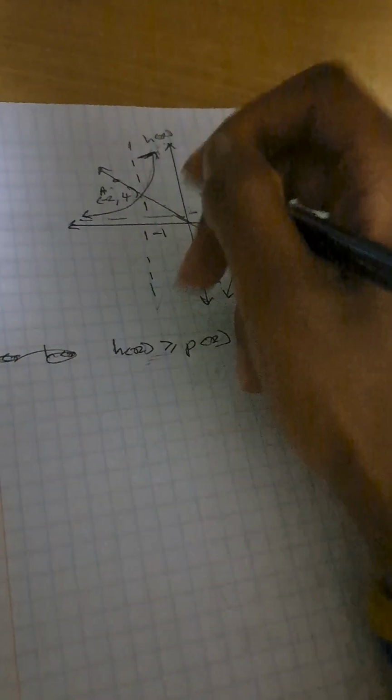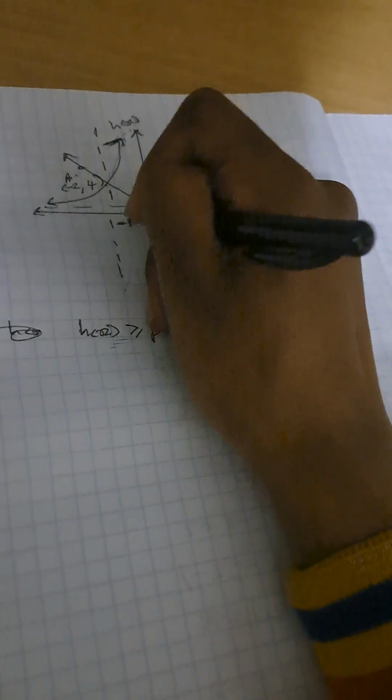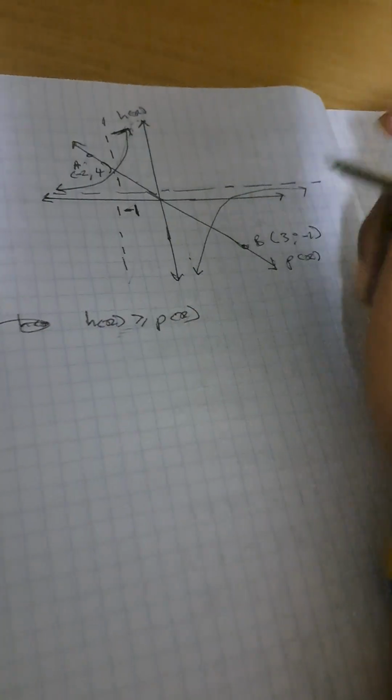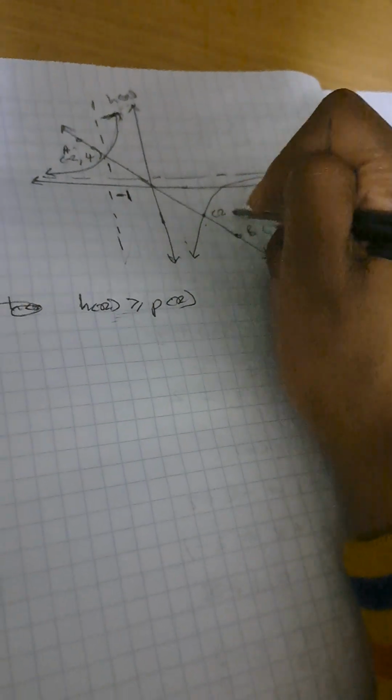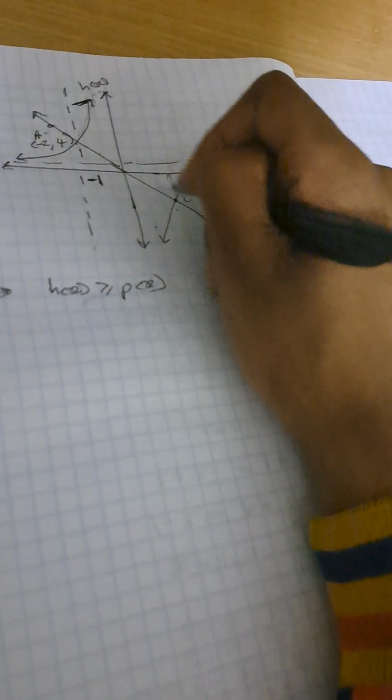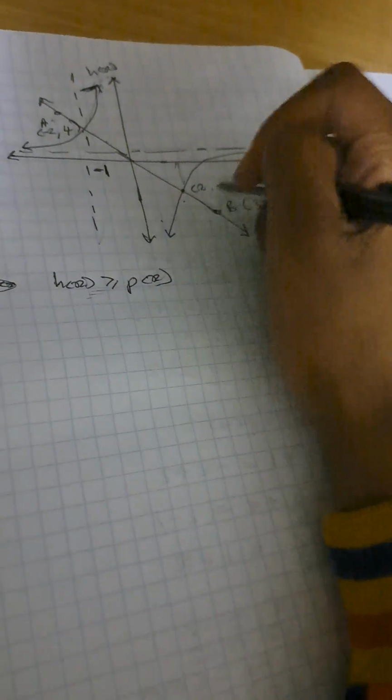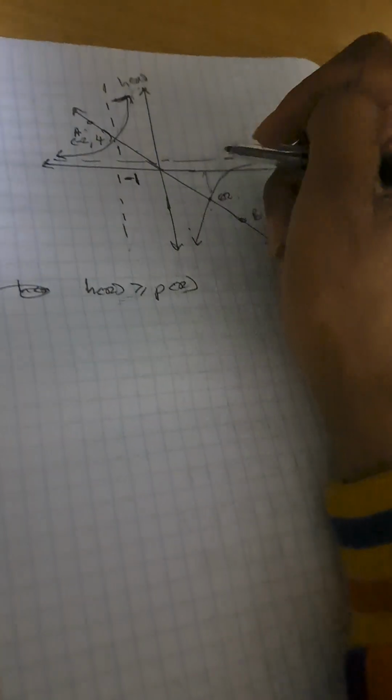So the value here where they touch is -1. The value here where they touch again is actually 2. The x value is 2. I don't know the y value, and we don't need it. So let me put right there 2, right?